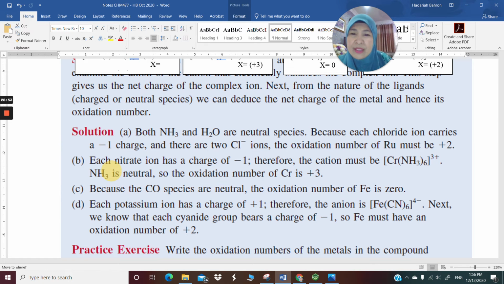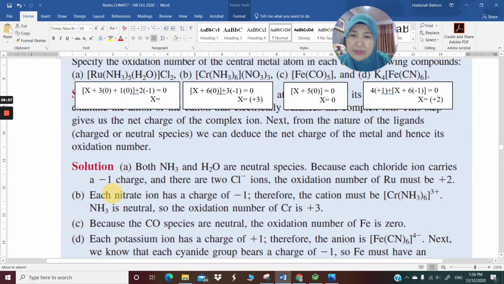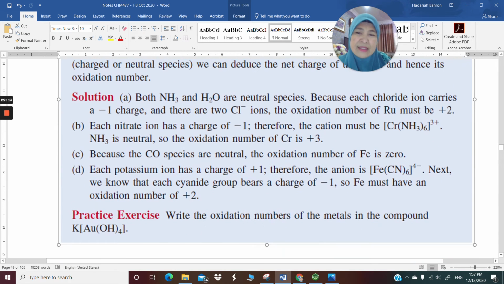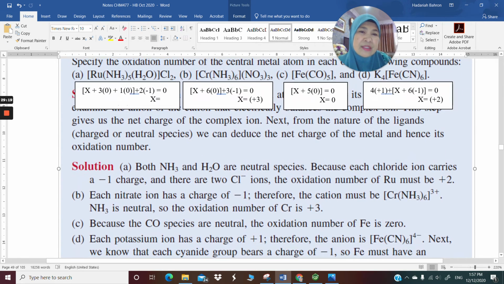Each nitrate ion for B, each nitrate ion has a charge of -1. Therefore, the cation, the complex ion, must be [Cr(NH3)6]3+. NH3 is neutral, so the oxidation number of chromium is 3 plus. C, because the CO species are neutral, the oxidation number of iron is 0.